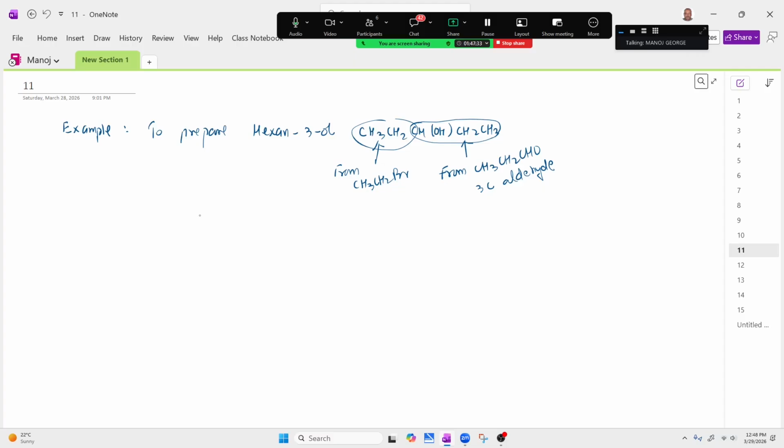Let's have a look at the final one, which is the D part. So this is reaction with ketone. So we can even make the Grignard reagent react with ketone to form, and this is how we get, tertiary alcohols.